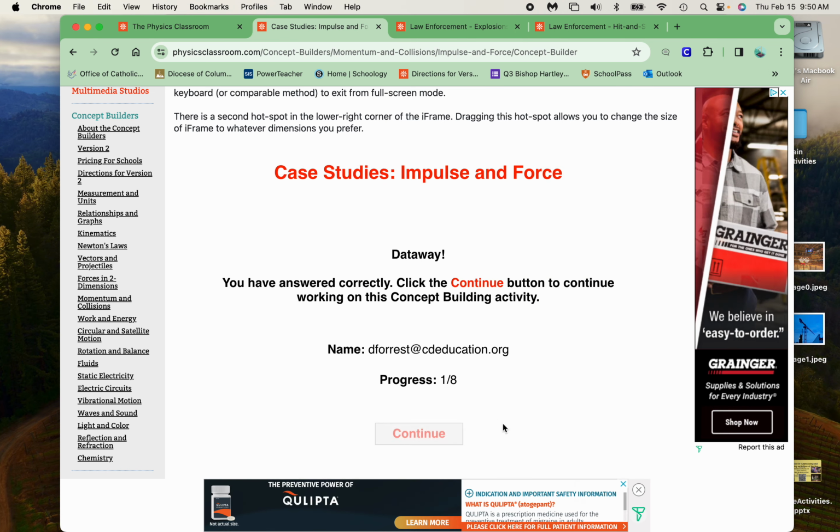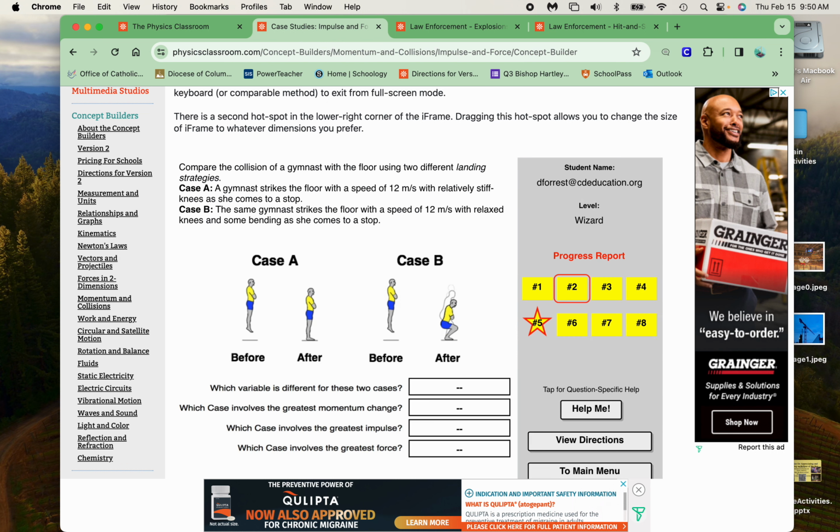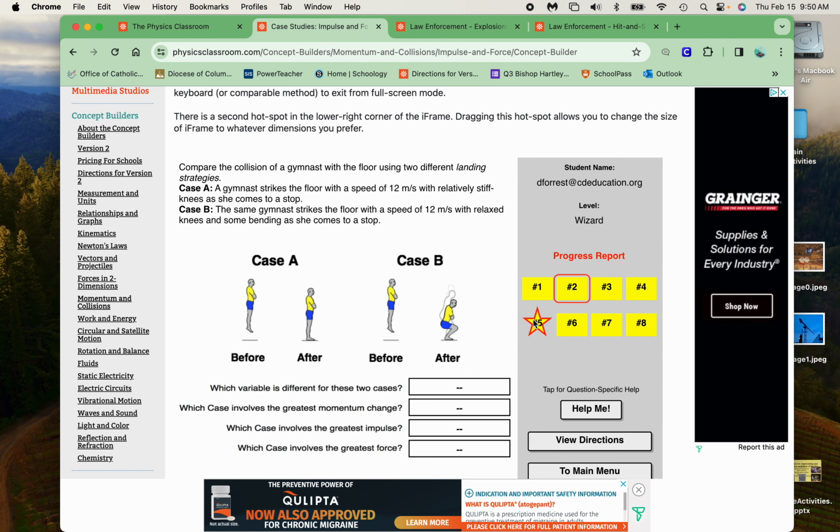So data away. Remember, if you get one of these wrong, instead of getting a star, you'll show up as red here, and then you have to be successful twice in that particular one to get a star.